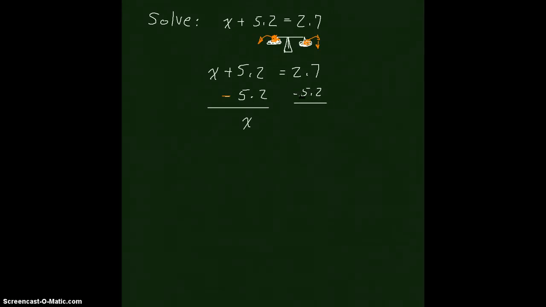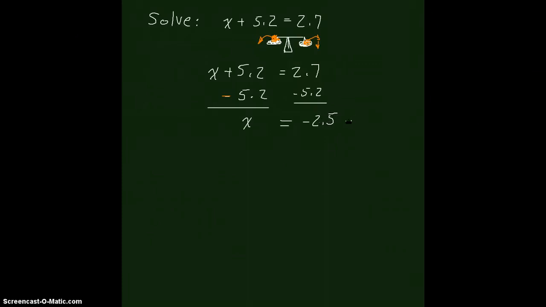And I get, in this case, 5 is larger than 2, right? So it's going to be negative. I'll drop the equals down in line with the one above it, and I get x is equal to negative 2.5.